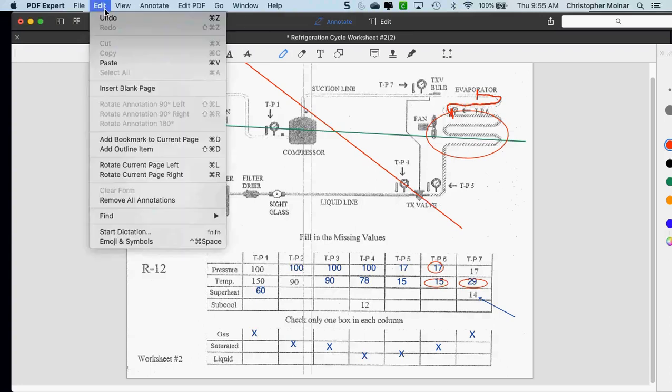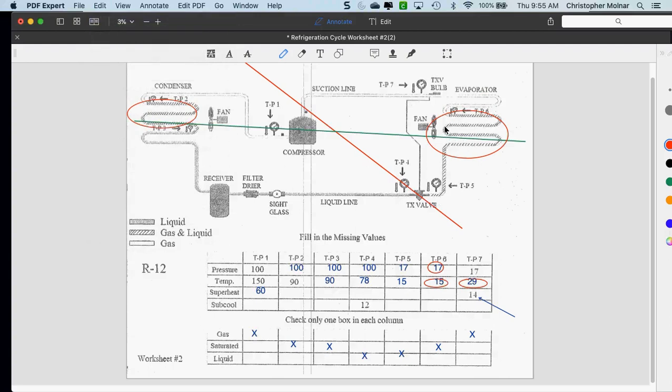Now, what would happen if the change of state ended there instead of there? What would happen to my superheat? It would go up. Why? Because of pressure. How about because I have a greater length of evaporator tubing to gain sensible heat?